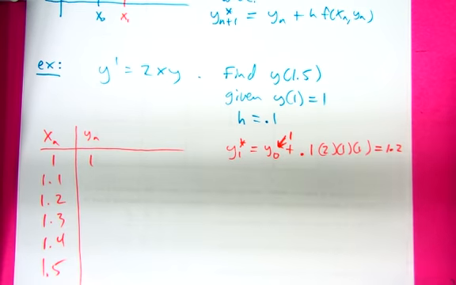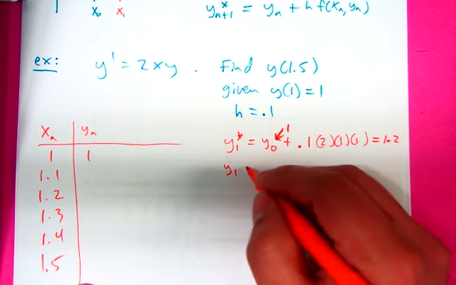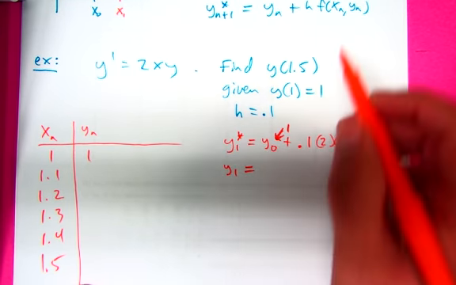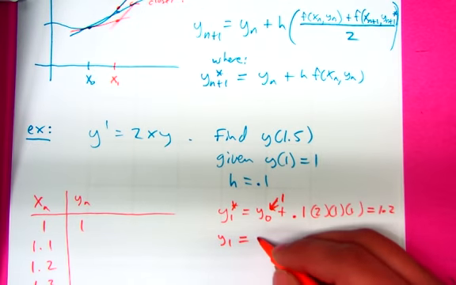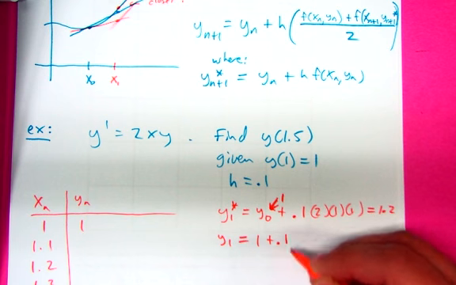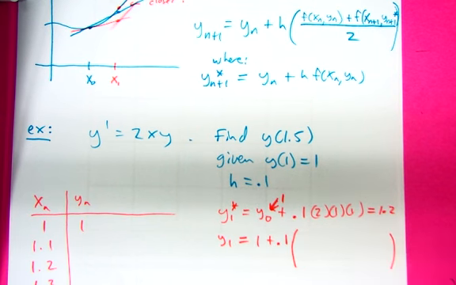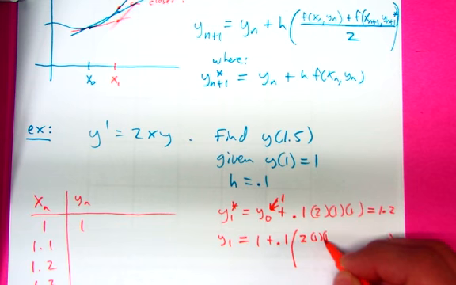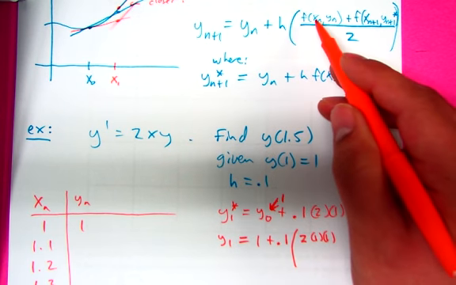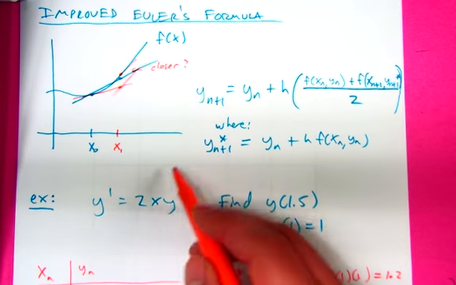So now we're going to find the actual approximation for y1. This is where we use the improved formula. Previous y value is 1. Step size is 0.1. And now we do the average. So we do 2 times 1 times 1, because we're plugging in the previous x and y values into the slope, which was, again, 2xy.